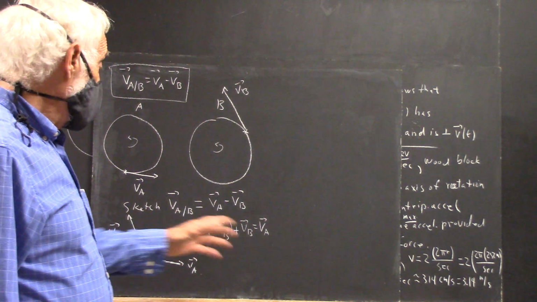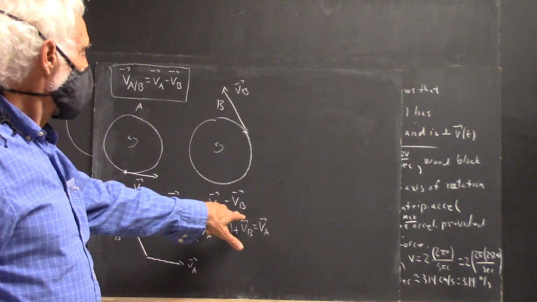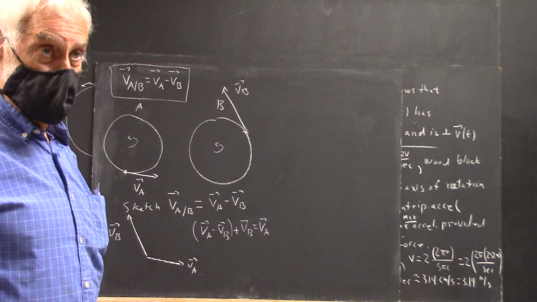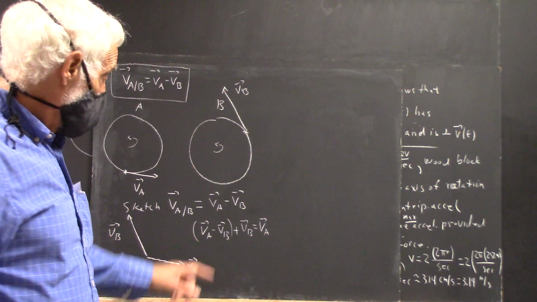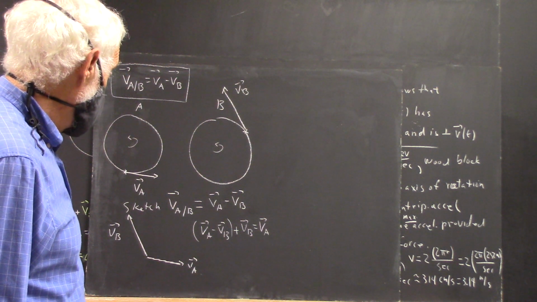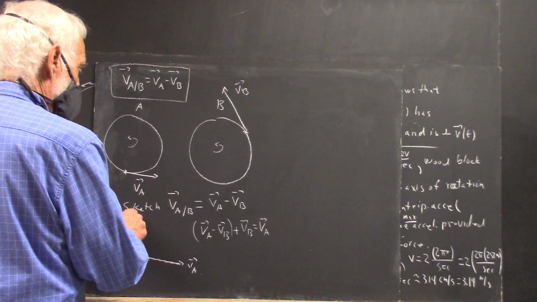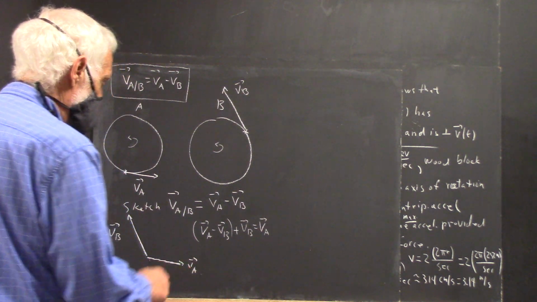And now, to which vector would you add this to get the other? And you come up with a very simple equation. So this says if you take VB and add VA minus VB, you get VA.